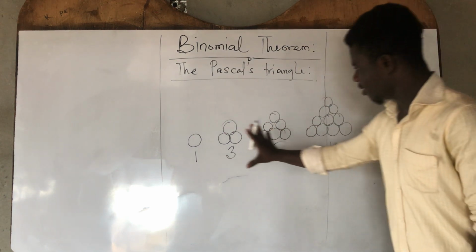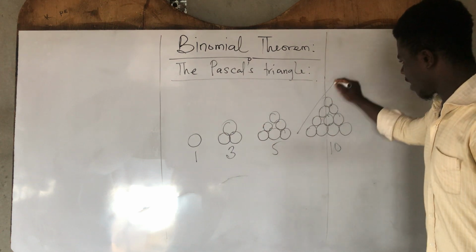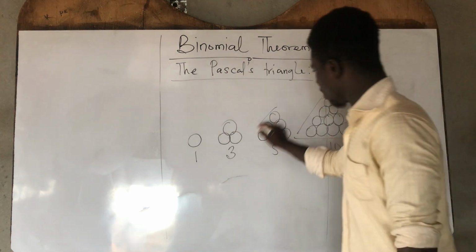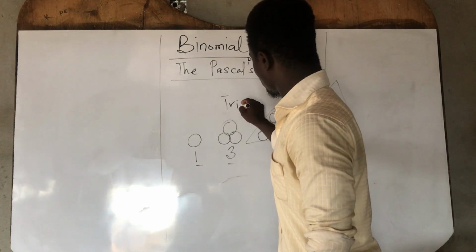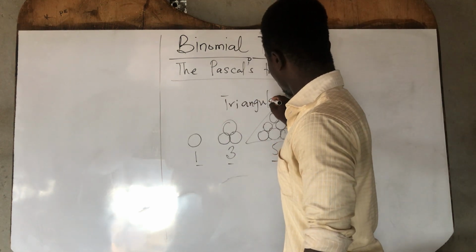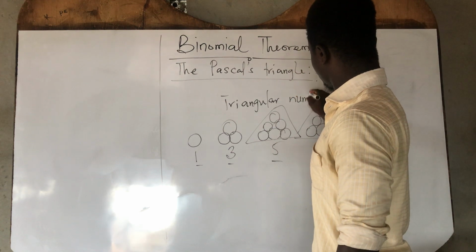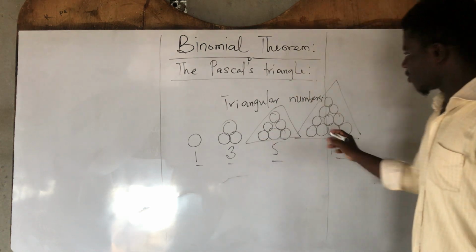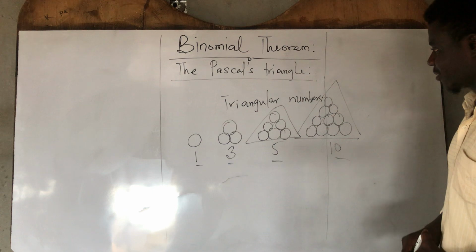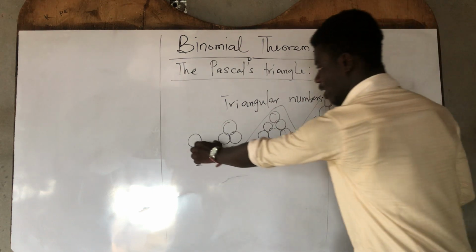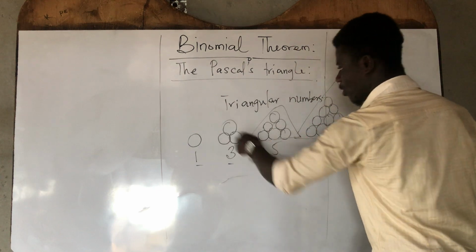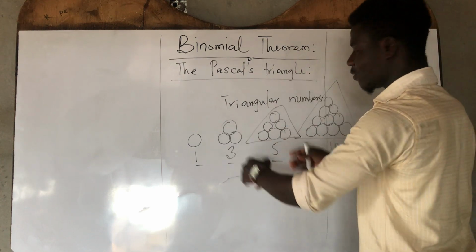So this one is a triangle. So these are called triangular numbers. At basic level, we did triangular numbers. So we have 1 orange here, we have 3 oranges here, forming a triangle.